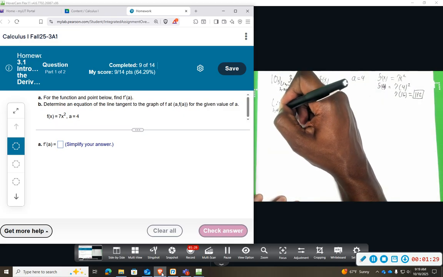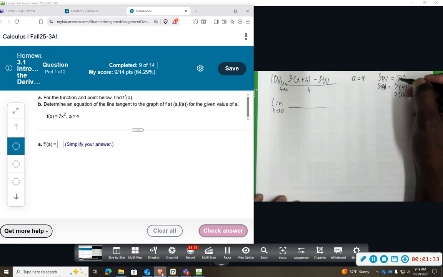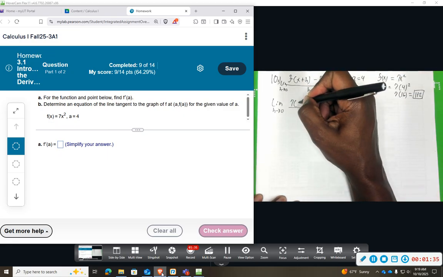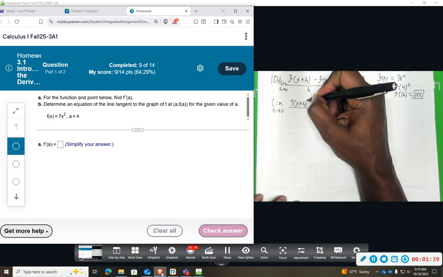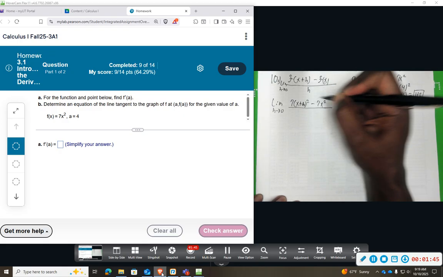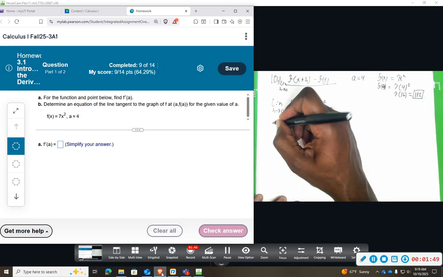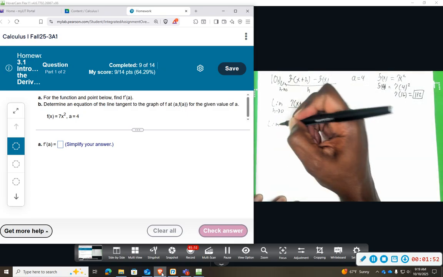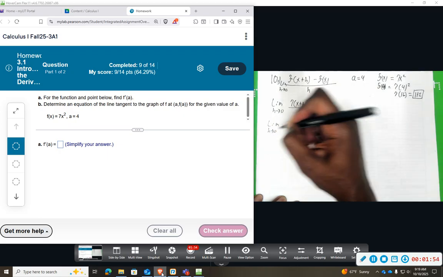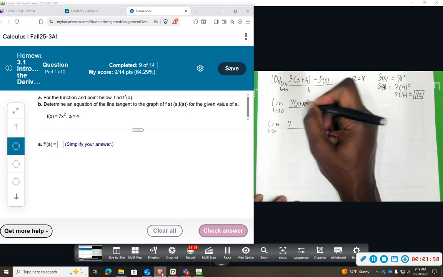Okay, so we'll start here. Limit as h goes to 0. f of x plus h will be 7 times (x plus h), and that'll be squared, minus 7x squared, and this is all over h. Limit as h goes to 0, and then we will go ahead and do the binomial.